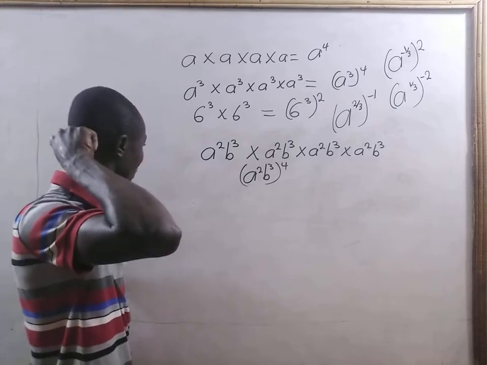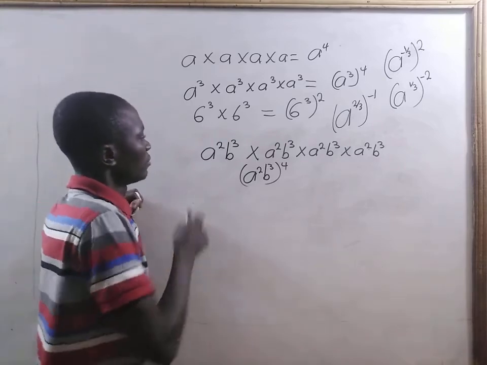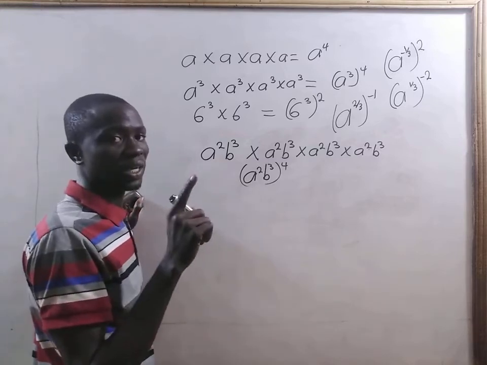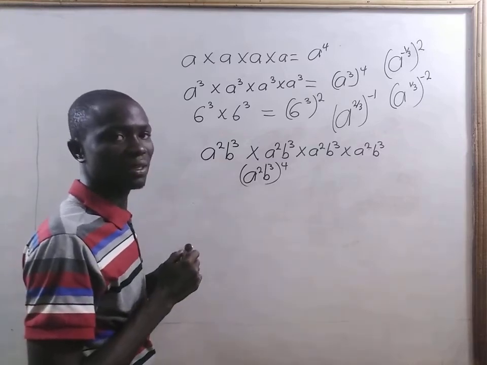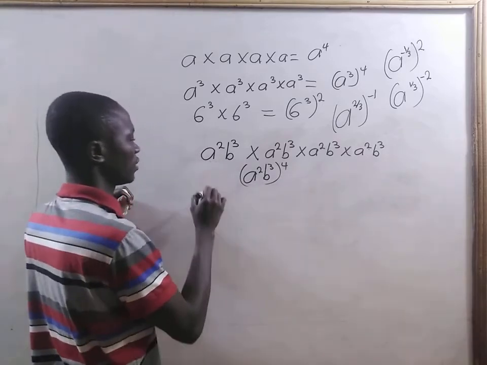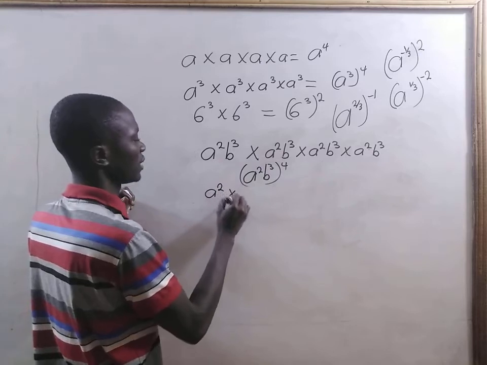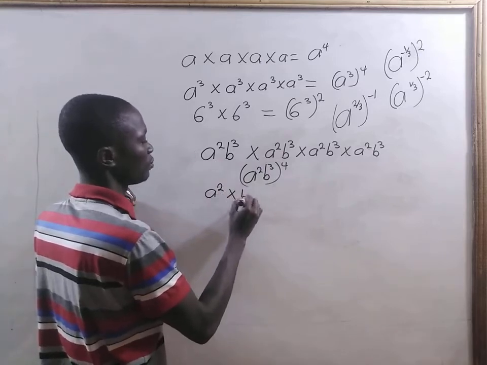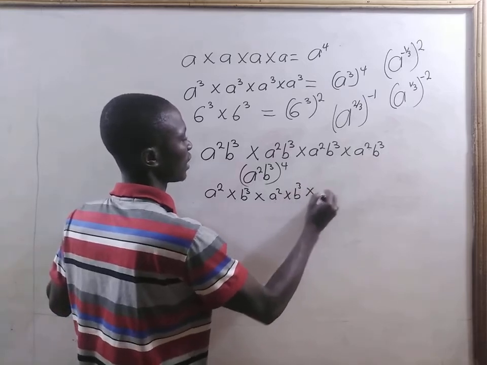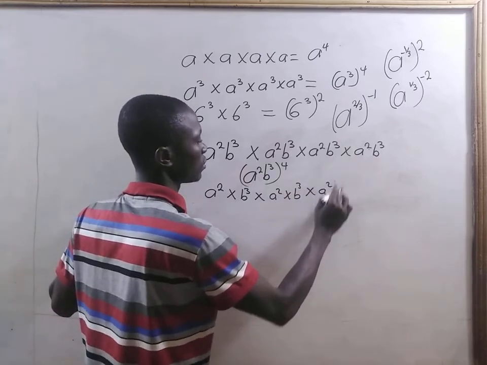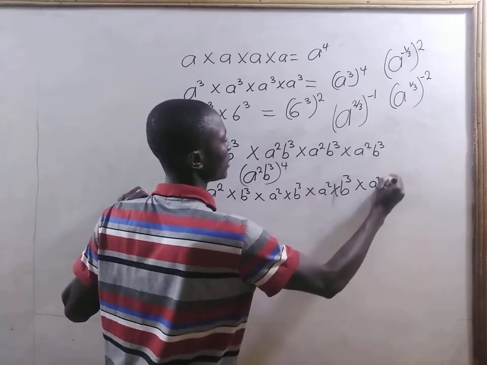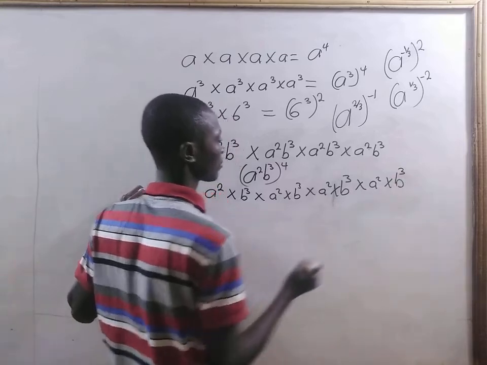And now, let's look at this. If we are using the first law of exponents, that is the product law, we can expand what we have here to get a power 2 times b power 3 times a power 2 times b power 3 times a power 2 times b power 3 times a power 2 times b power 3.